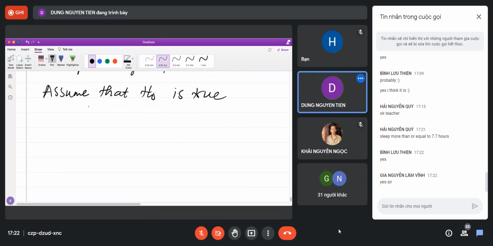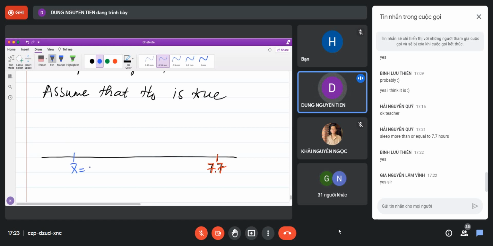Now, please have a look at the line. This is 7.7, and this is X bar.